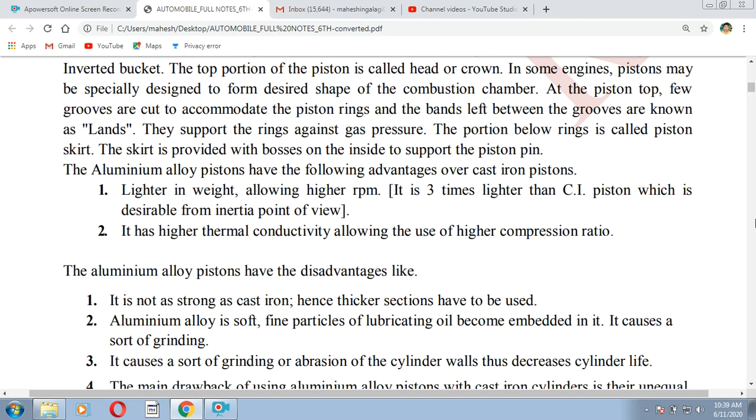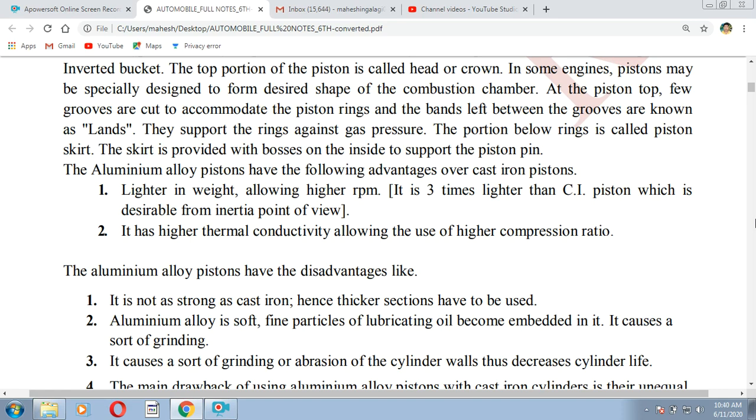The aluminum alloy pistons have the following advantages over the cast iron piston. We have different metals, and with the help of those metals we can prepare the piston. Here we have two types: one is the aluminum alloy piston, and the other is the cast iron piston. So what are the advantages of aluminum alloy?